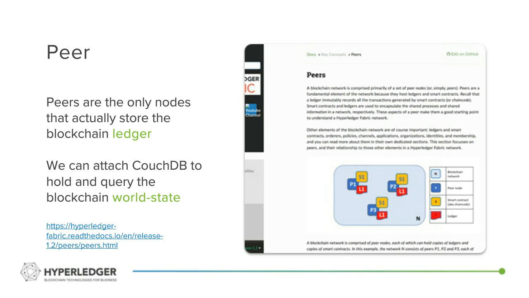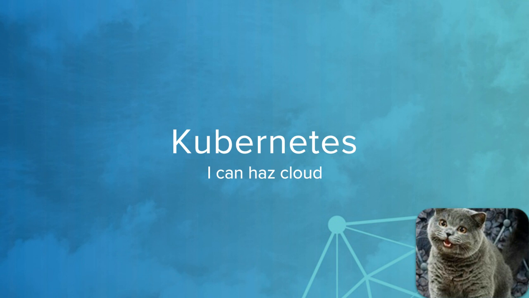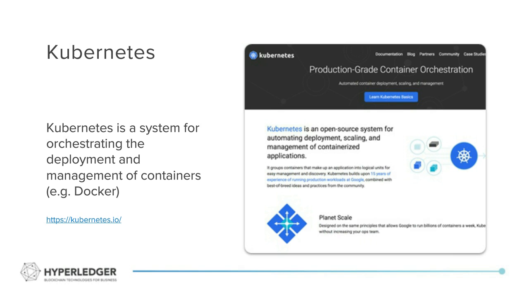Okay. And let's chat now about Kubernetes, which helps realize the possibility of the cloud. So Kubernetes is basically a platform to orchestrate the deployment and management of Linux containers, which are typically built with Docker. To work with the Kubernetes system, we should understand the three key concepts.